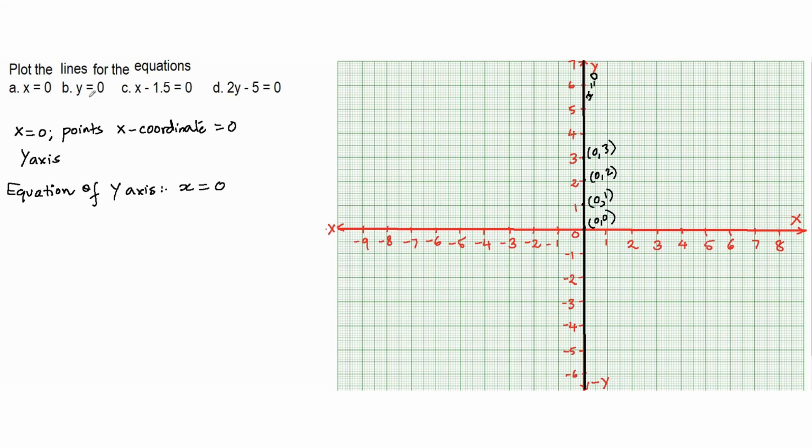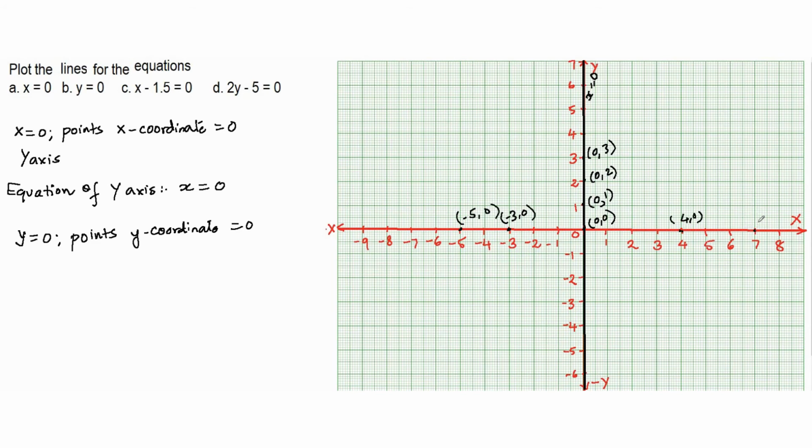And the second part is y equals 0. So y equals 0 means I want to find all points whose y coordinate is 0. This is minus 3, 0. This is minus 5, 0. This is 4, 0.